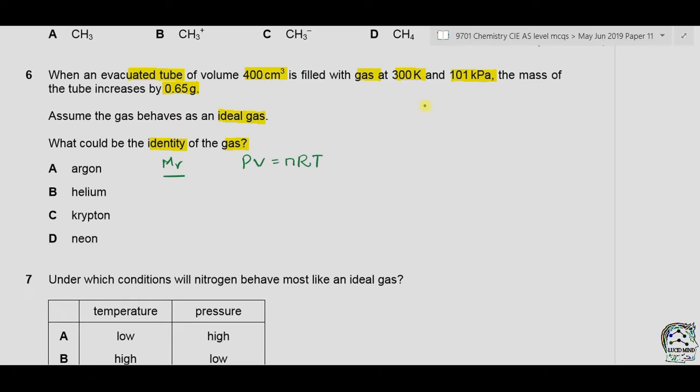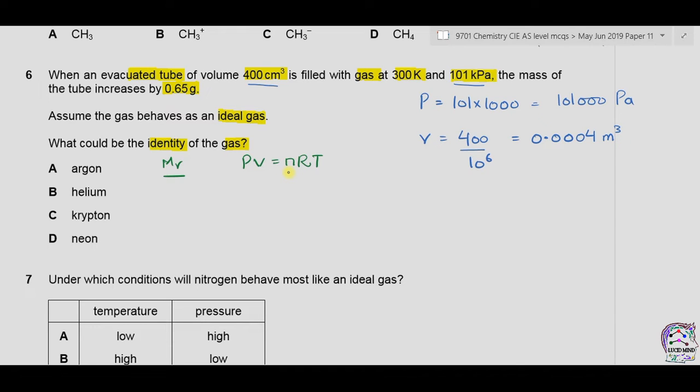where P is the pressure in pascals. So P is equal to 101 kilopascals, so we can convert it into pascals by multiplying by 1000. Volume is in meter cube, as it is given in centimeter cube, so we can convert the volume into meter cube by dividing by 10^6. It is equal to 0.0004 meter cube.